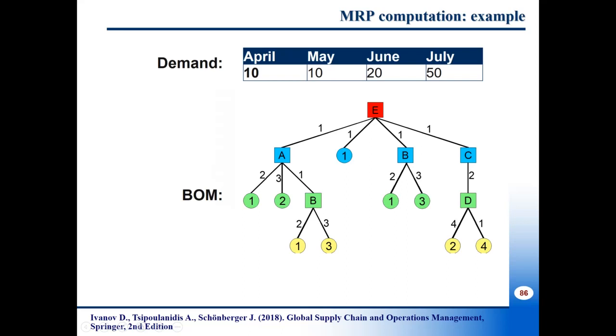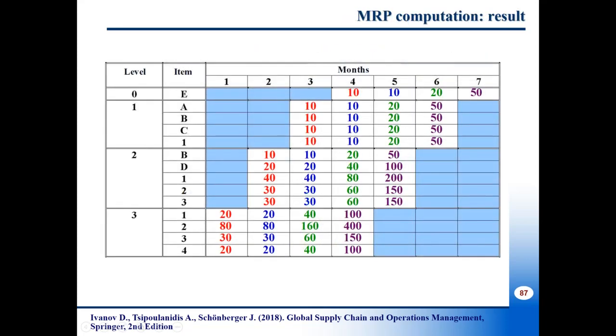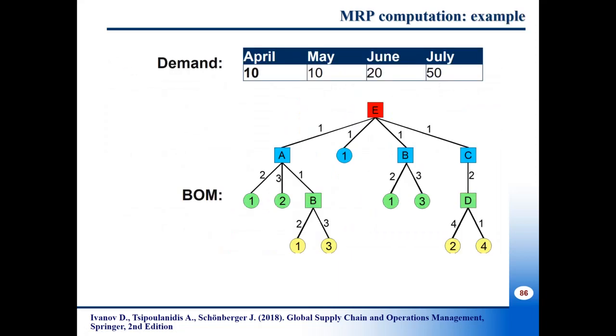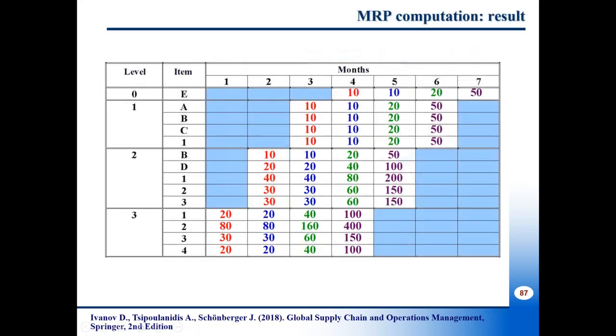Component 1 appears twice here. The demand for end item E is 10 for April, and therefore A should be available 1 month prior to the delivery of E at 10. So we can see here 10, 10, 20, 20, 50, and 50.